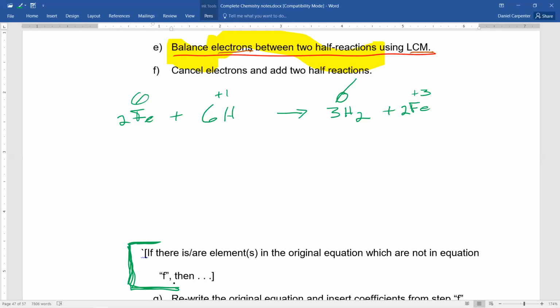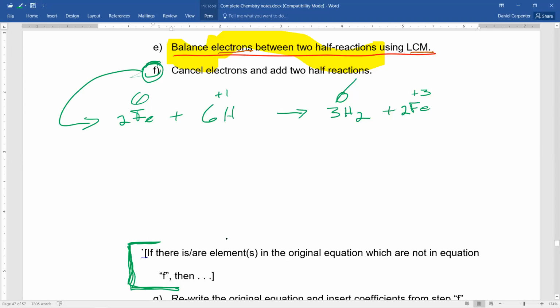Now, we have an if-then statement. If something is true, then you keep going. If there are elements in the original equation that are not in equation F, okay? Equation F is this.